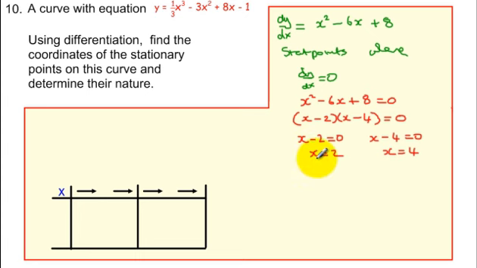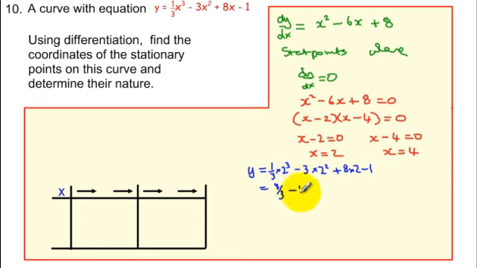We now need to find the y coordinates for each of these x coordinates, so we need to fit these values into the original equation. Fitting x equals 2 in gives 1/3 times 2 cubed minus 3 times 2 squared plus 8 times 2 minus 1. 2 cubed is 8, so this is 8 over 3.